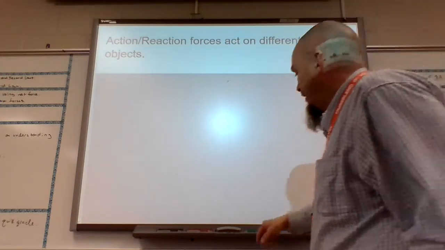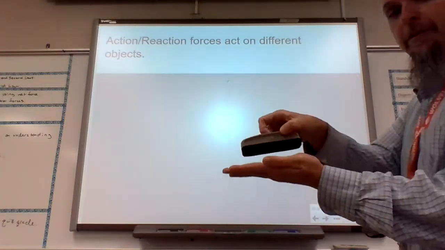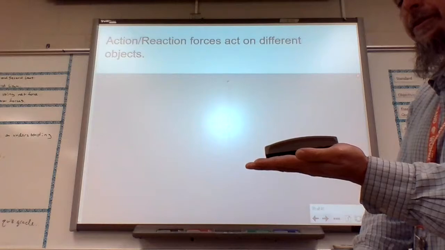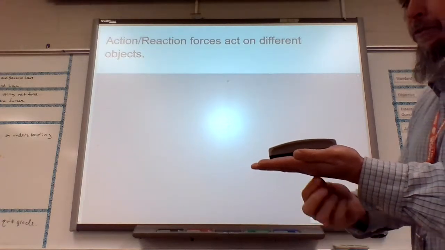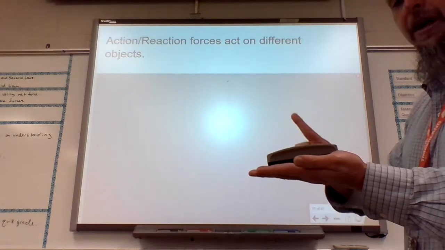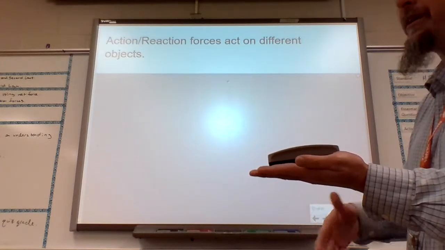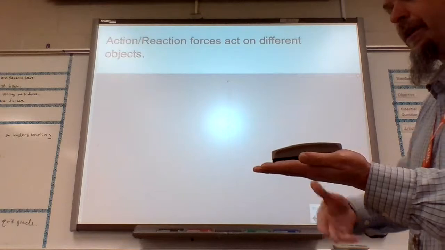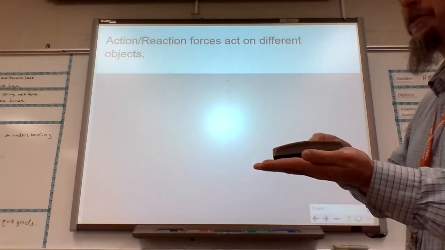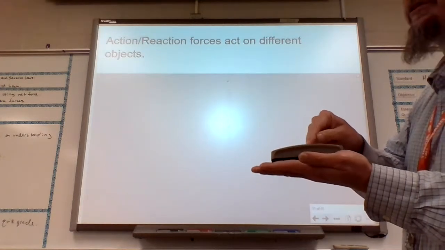So if I take the eraser from my smartboard and stick it on my hand, gravity is pulling down on the eraser with a force equal to its weight, so maybe a half a Newton. My hand is pushing up with an equal force, half a Newton, in the opposite direction. Those forces cancel.